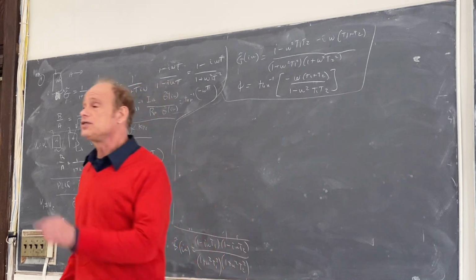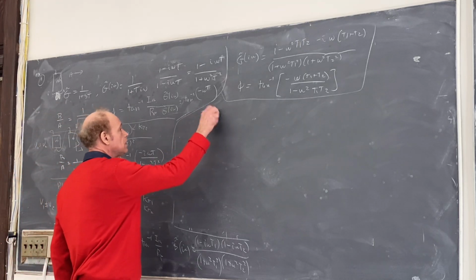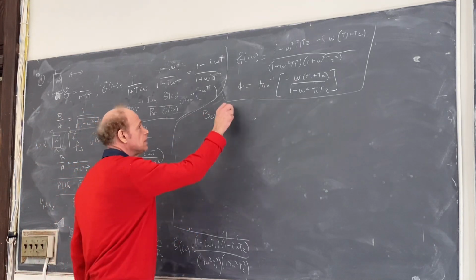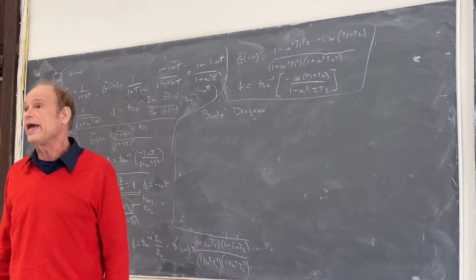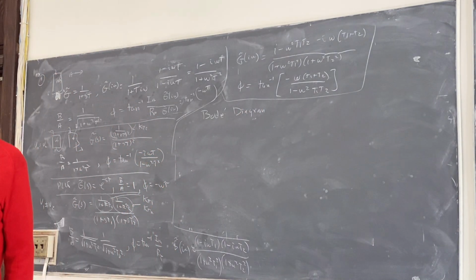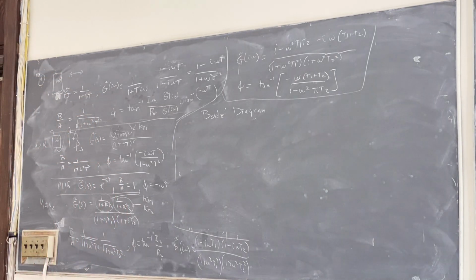Before I just go on to the next thing, I want to introduce something called Bode diagrams. Now, for now, these are essentially just graphical versions of what we have already. But as we'll see later on when we're doing control, the Bode diagrams will help us do control. But right now they're just graphs.